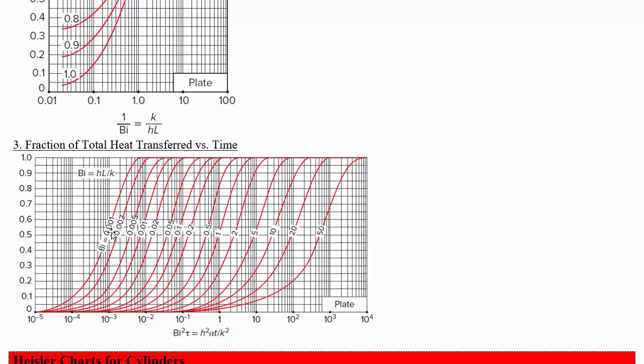If Bi number is 0.001, then you're going to need a higher Fourier number to be over this far in the first place. So it's a little bit complicated and counterintuitive, but you can substitute in some values here to see how Bi number squared times Fourier number works, and that's h squared alpha t over k squared. So it still depends on h over k and alpha, and as time increases you move to the right along any one of the plots that you're dealing with.